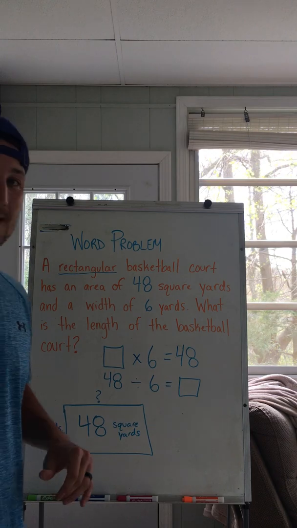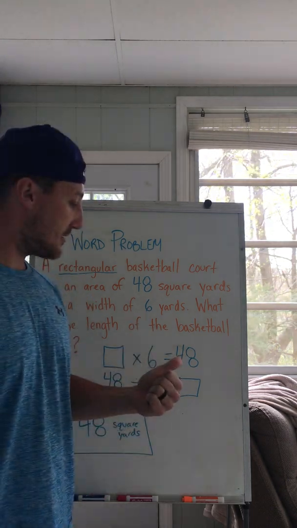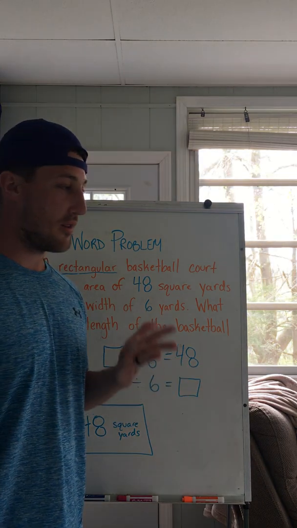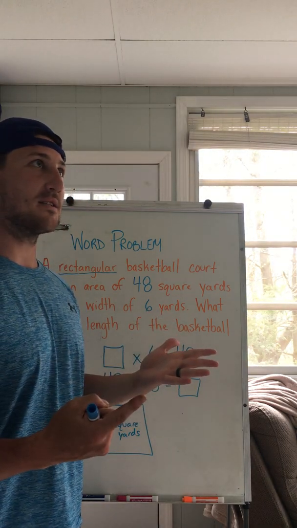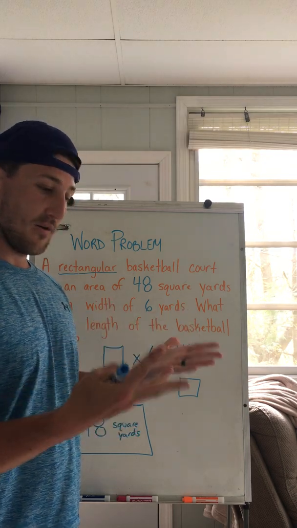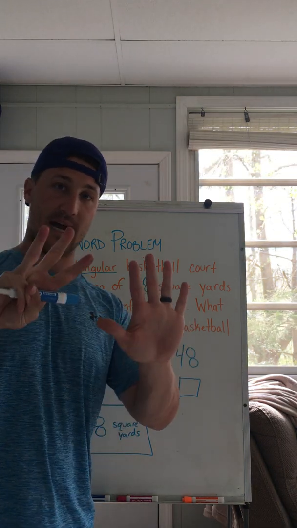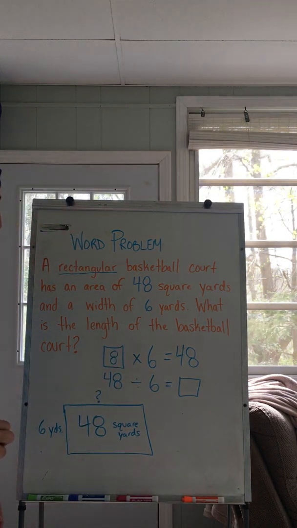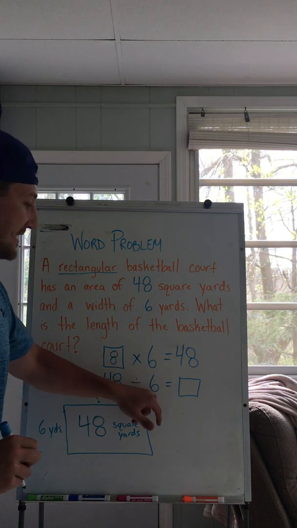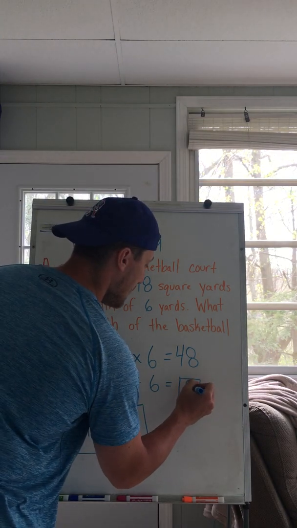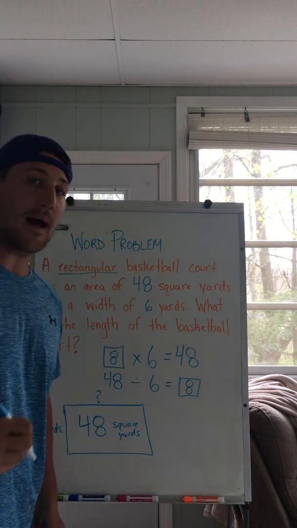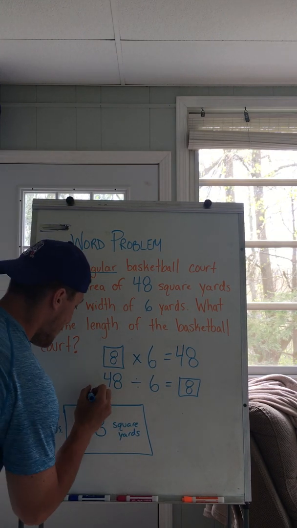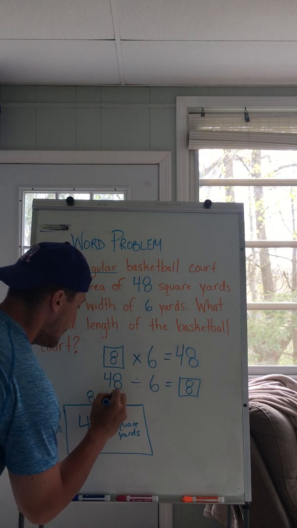Let me count by my 6's, see if I can get there. 6, 12, 18, 24, 30, 36, 42, 48. So 6 times 8 gave me 48. And 48 divided by 6 is 8. So that must mean that my missing side is 8 yards.